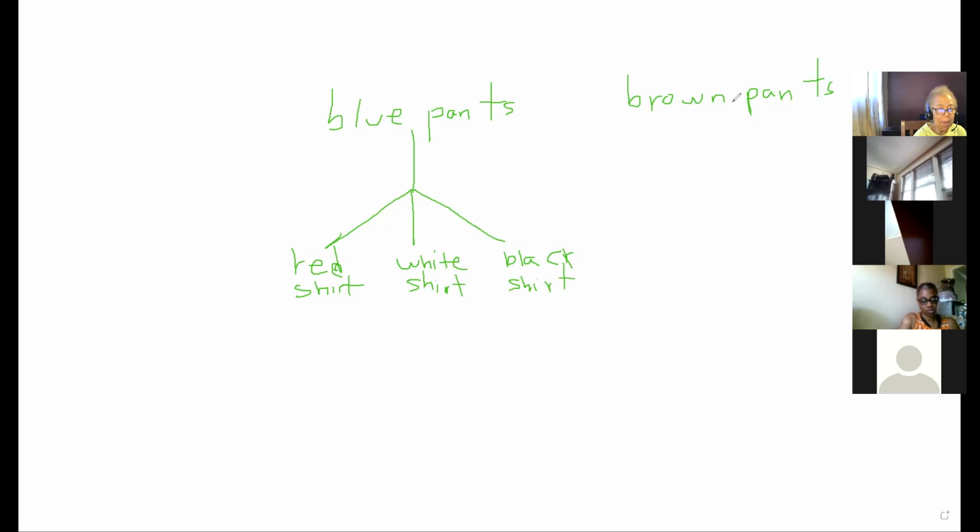So we have the brown pants and we have the same color shirts, right? So that would be red, white, and black. So that's the first thing they want you to do, to draw the tree diagram.